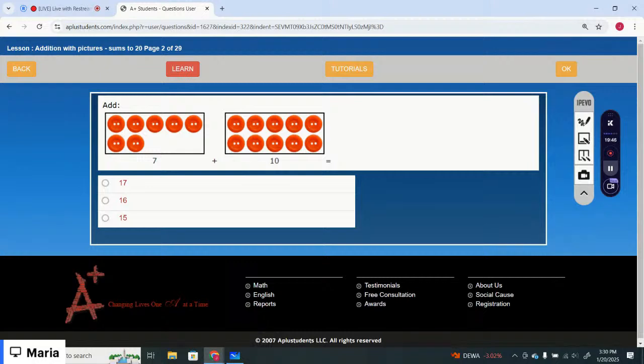That is 7 plus 10. So which is the correct option? That is 17.